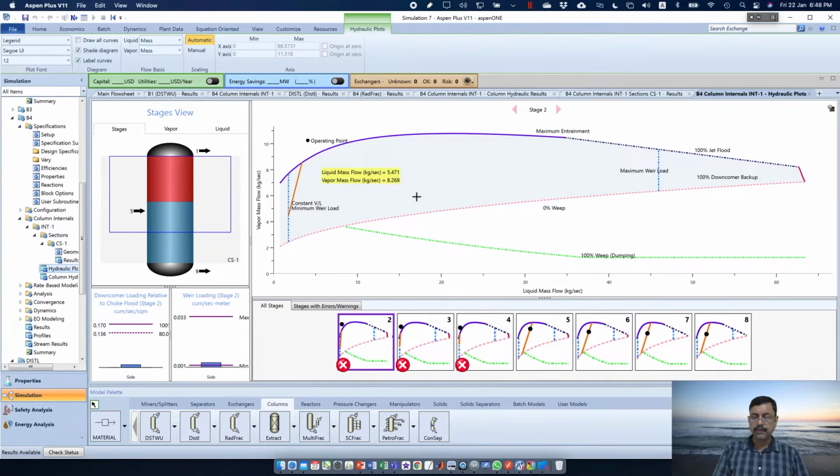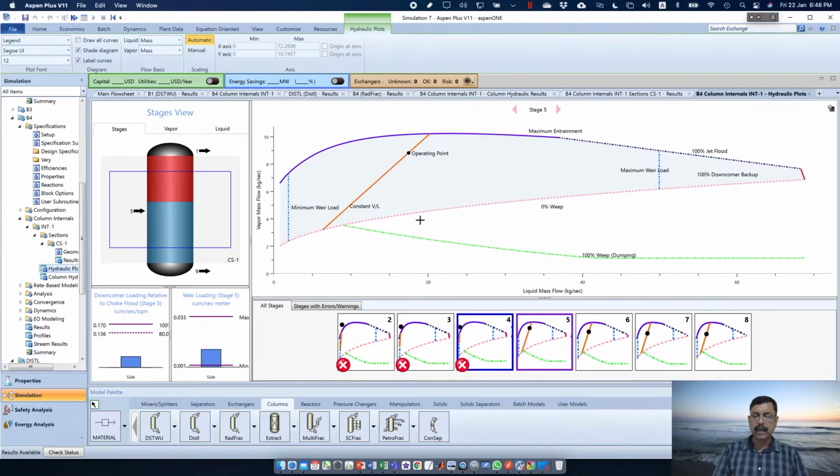Now here if you see, say fifth tray, this is the constant V by L line and the operating point is over here. This is the area where your operating point should lie at each and every stage. It should not go higher than that because this is the maximum entrainment line. It should not go beyond this because it is the weeping line. This is the 100% weeping, dumping line.